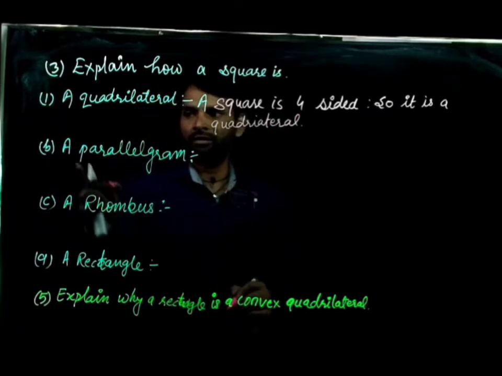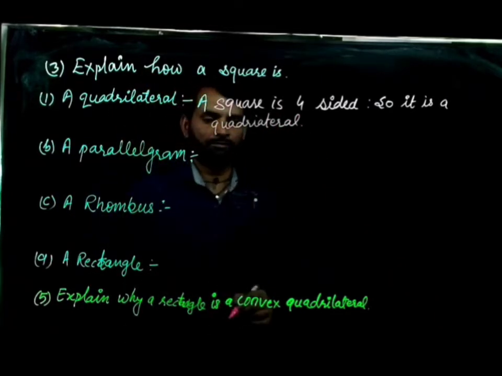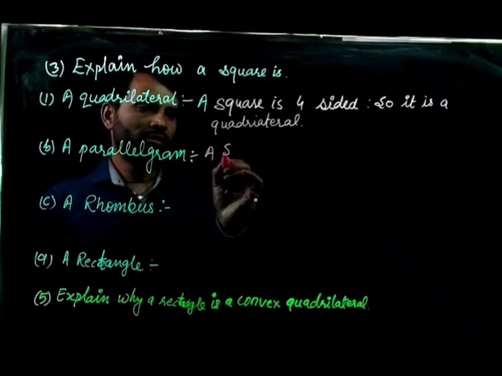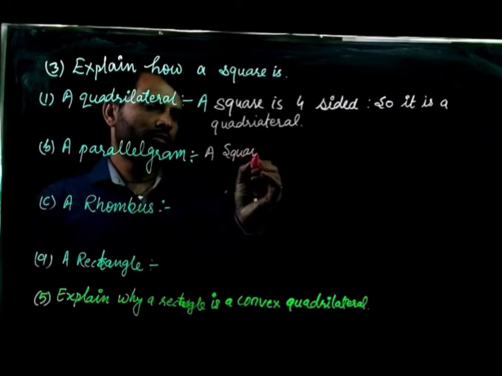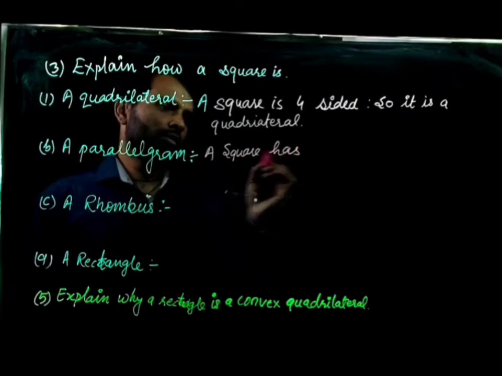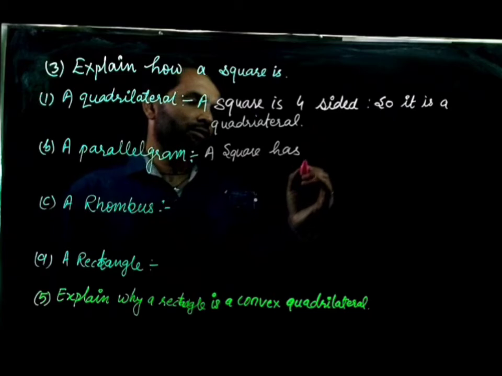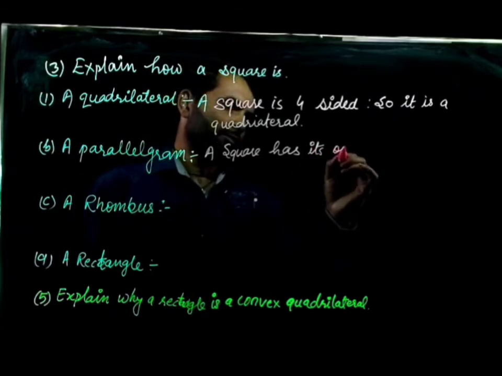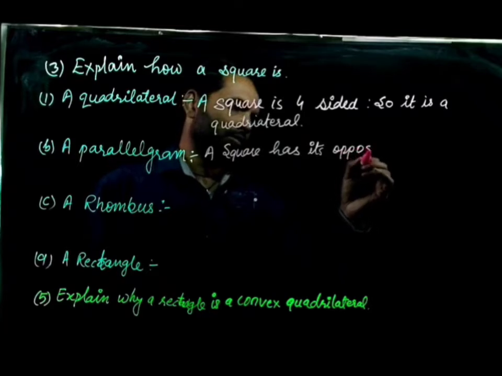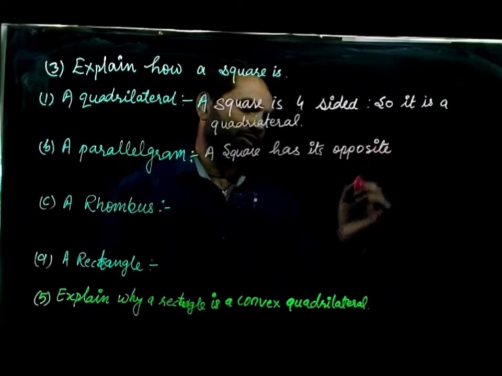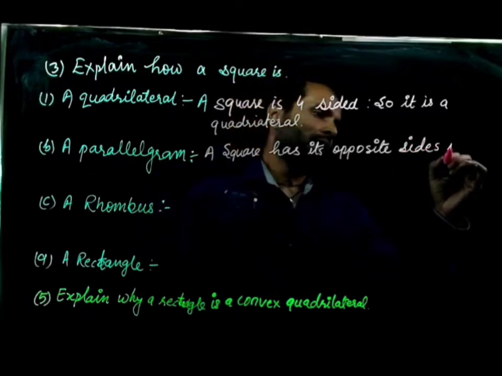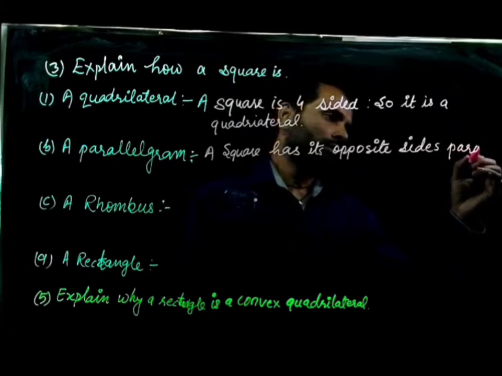Now second, a square is a parallelogram. It means a square has the same property: its opposite sides are parallel.